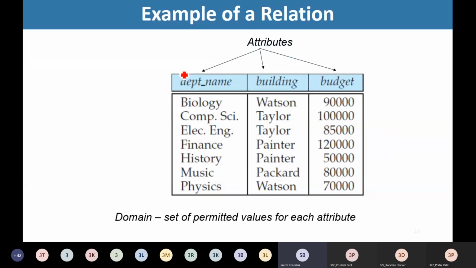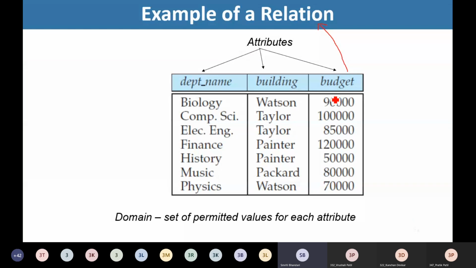Once again, let me tell you that in the relational model, this table is also known as a relation. Please have a note, this is the terminology that is being used.